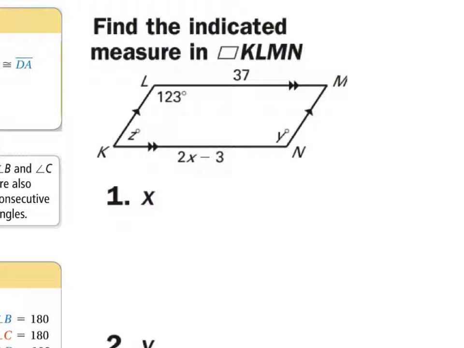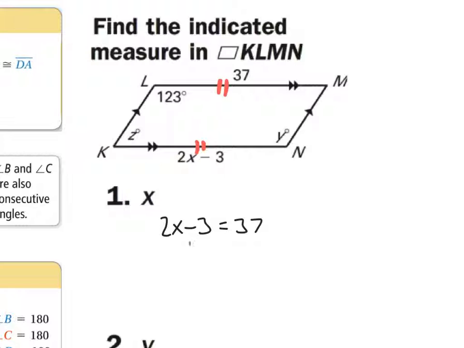Well, x shows up right down here, 2x minus 3. That's a side length, right? The side length for KN. How are we going to find x then? 37 equals 2x minus 3. Right, the opposite sides in our parallelogram have to be congruent. So since the opposite sides are congruent, we can then set up an equation. 2x minus 3 equals 37.